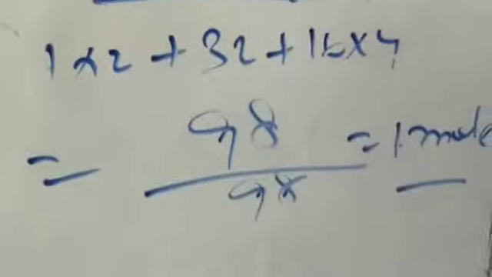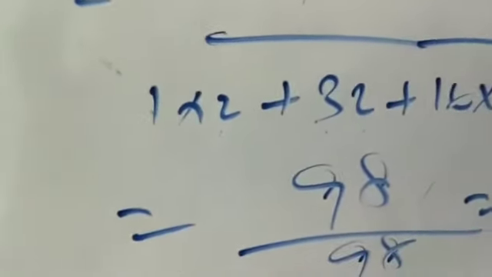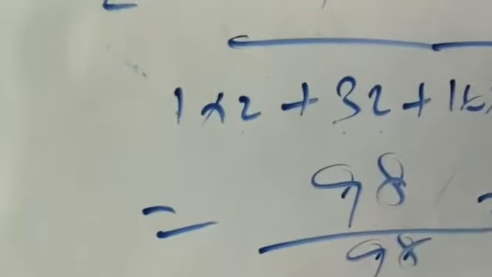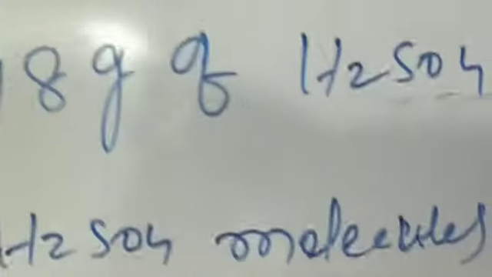Now 98 divided by 98 is equal to 1 mole. So 1 mole of H2SO4 is present in 98 gram of sulfuric acid. In this way, we can solve for the moles of H2SO4 present in 98 gram of sulfuric acid.